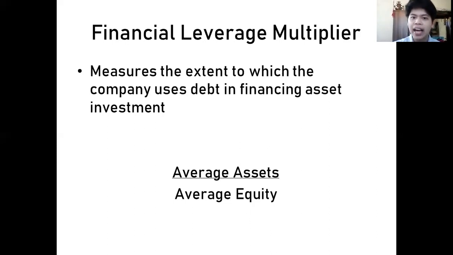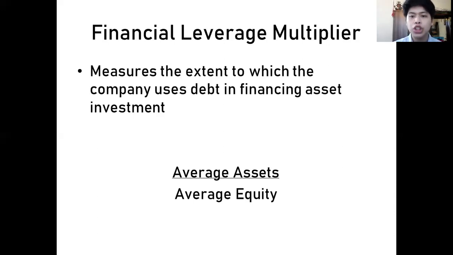So let's say na ang answer natin 1. Kung 1 ang makukuha natin sa formula na to, it means that the company does not have any liability at all. So, ang assumption natin, lahat ng assets, wala tayong liabilities.